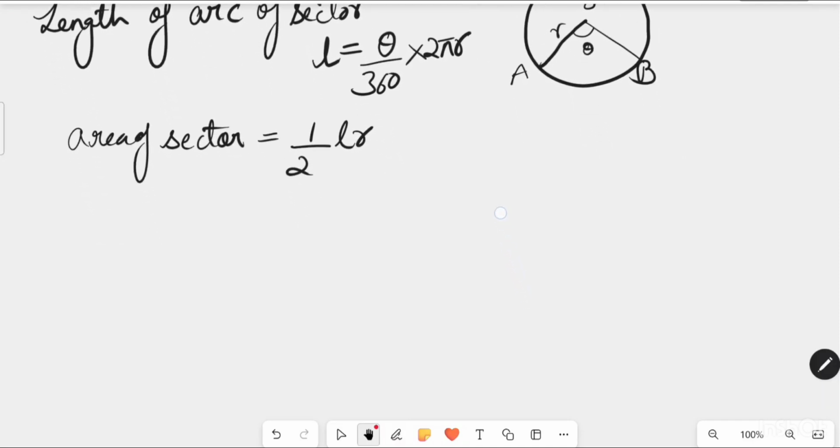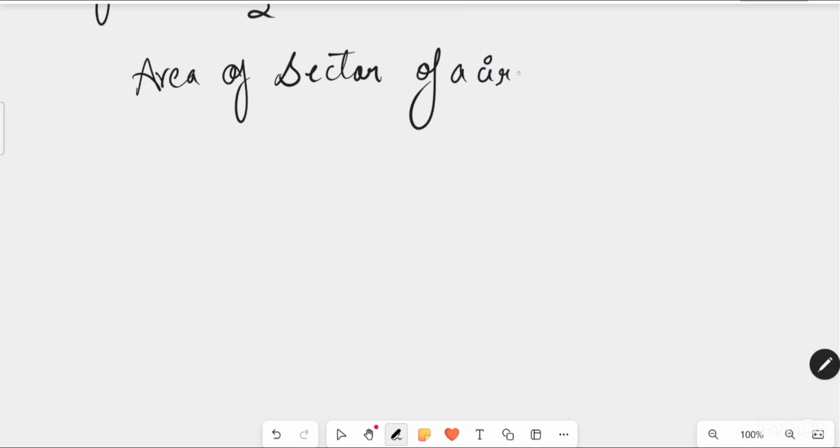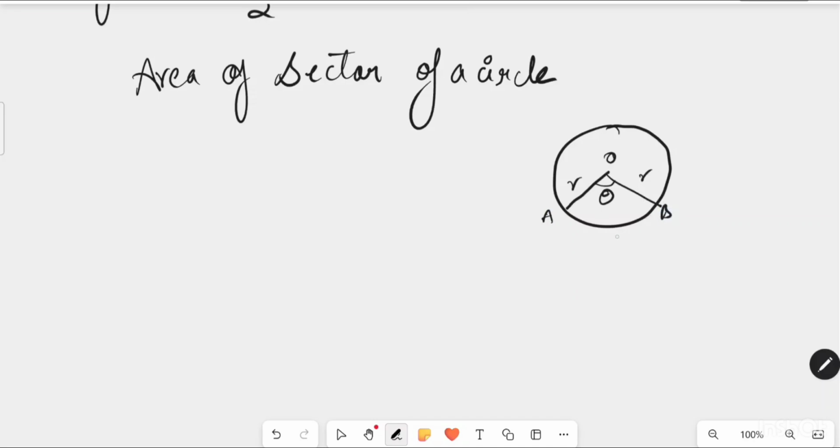Now area of sector of a circle. Let there be a circle of radius R, having a minor sector with angle theta.